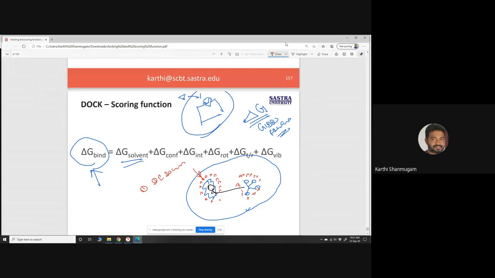For this process, is energy required or not? If you want to remove this water molecule partially, do we need any energy or not? I hope you studied thermodynamics, right? At some point in your 11th standard or 12th standard. So do we need energy for removing this water or not?